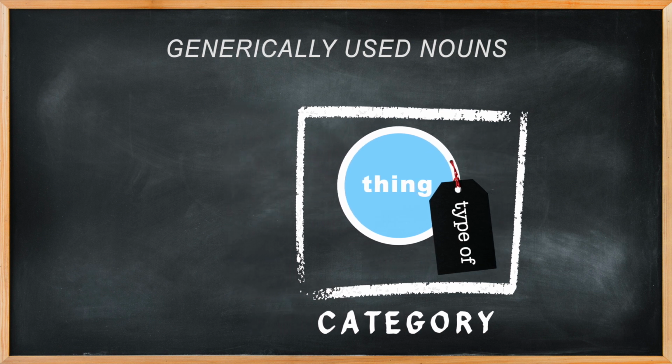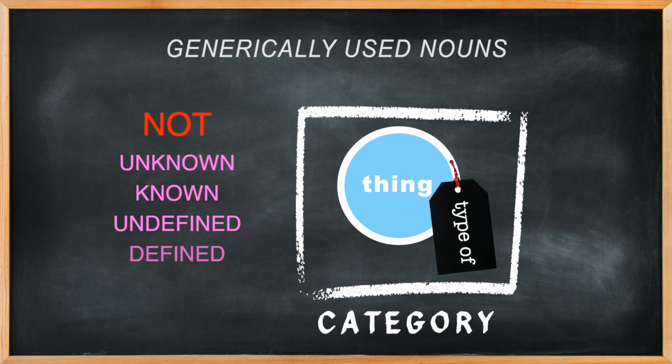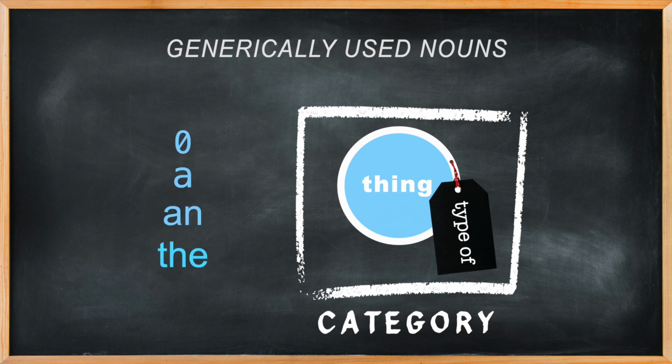We are no longer referring to unknown or known, undefined or defined instances of specific things in the same way as we do with general nouns. This means we can choose whichever article sounds best for the context we are creating.